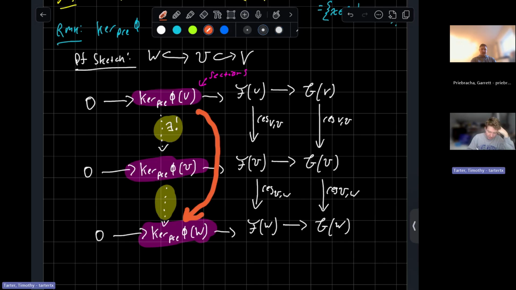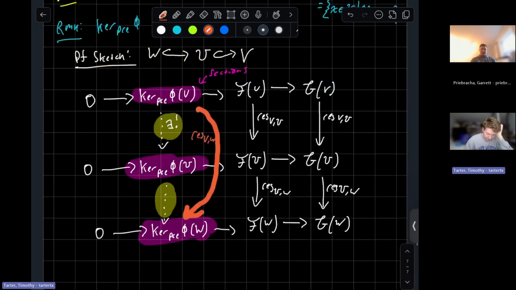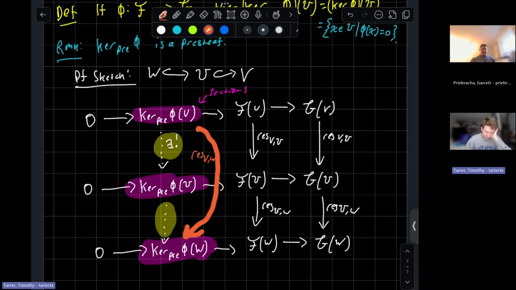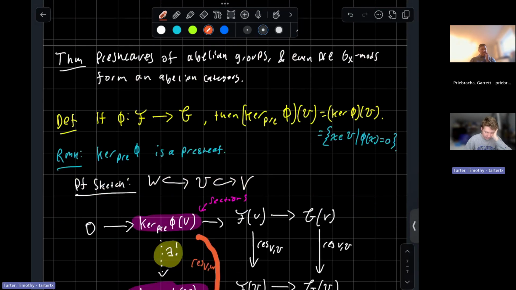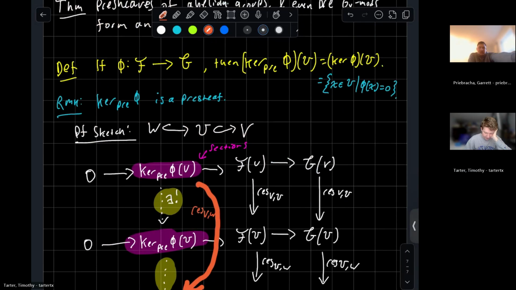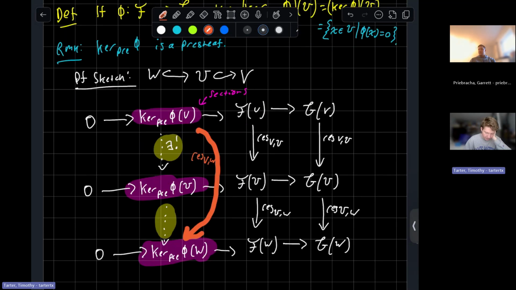We want to have a restriction map from V to W. And so in terms of just showing that the restriction map exists, well, phi is from F to G. We have a restriction map from F over V to F over U by the inclusion of U into V.